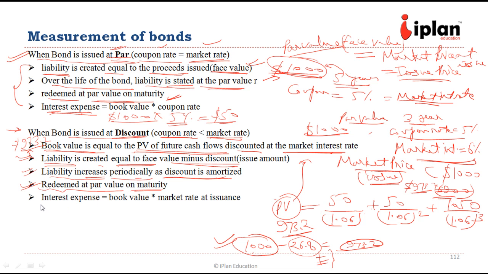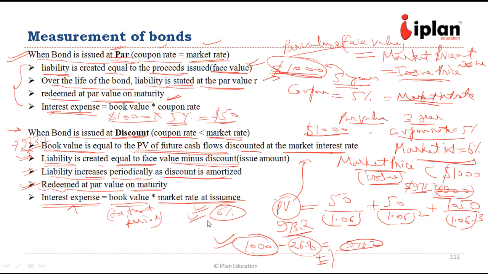And when we do the calculation for interest expense, we are going to use book value for that period, since the book value will keep changing, times the market rate at the issuance. So suppose the market rate in this case was 6%. So we are going to use 6% for the interest expense calculation throughout the period.